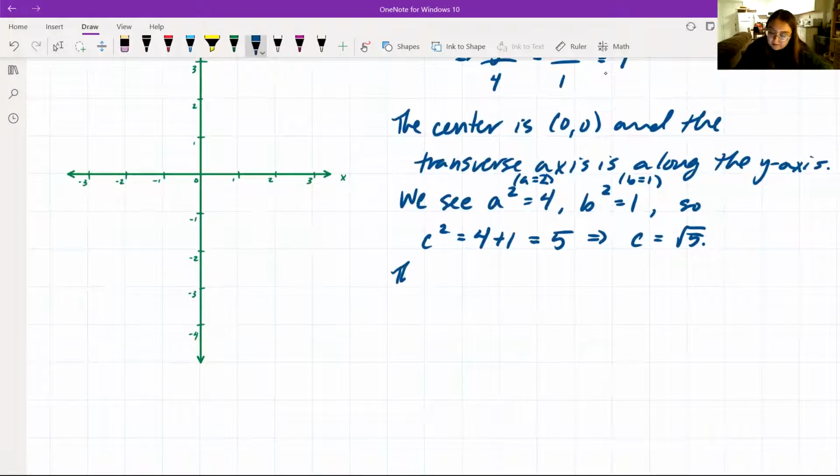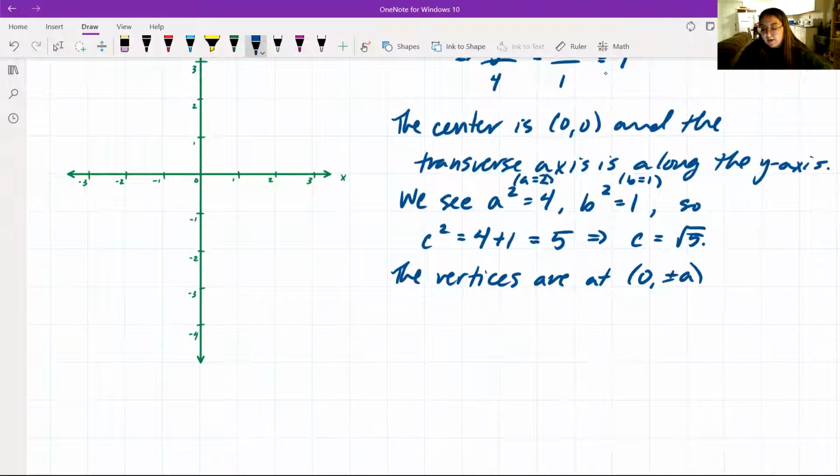Then we know our vertices are going to be at 0, comma, positive and negative values of a, which are going to be equal to 0, comma 2, and 0, comma negative 2.